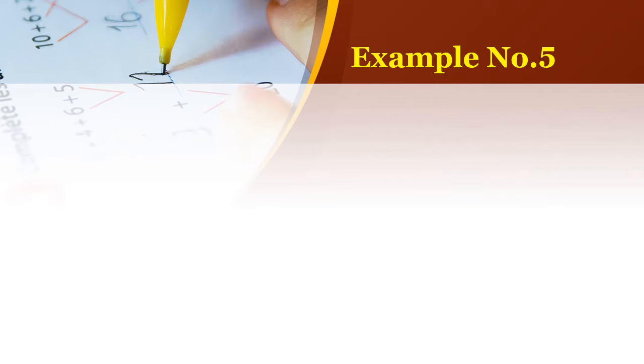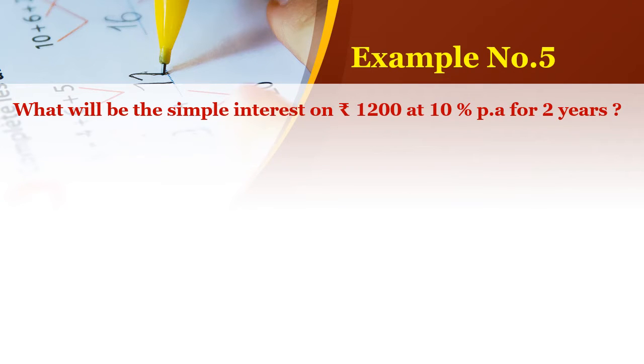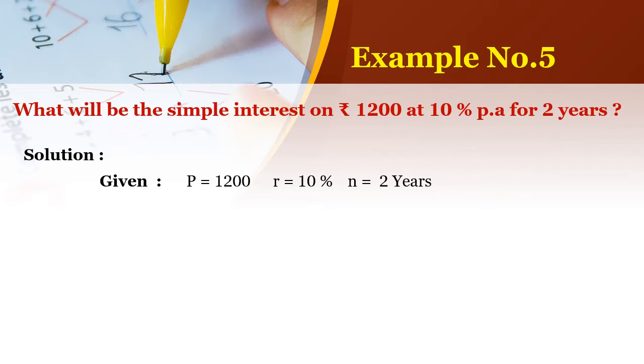Example number 5. What will be the simple interest on rupees 1200 at 10% per annum for 2 years? Solution: given P is equal to 1200, rate of interest 10%, and n is equal to 2 years.